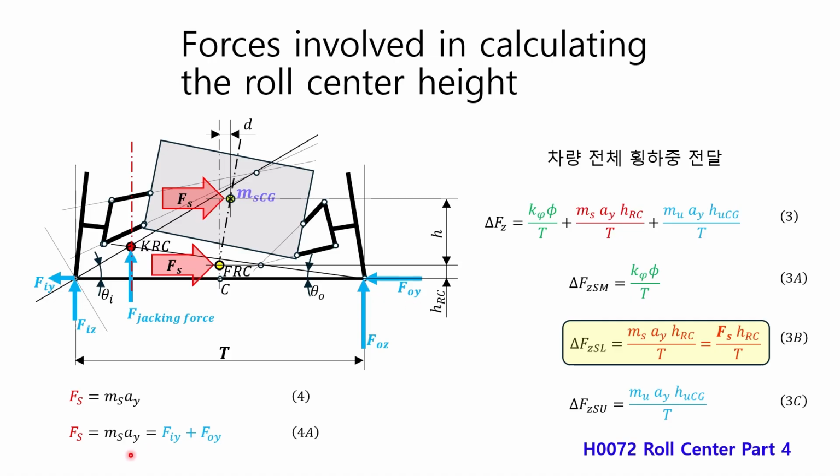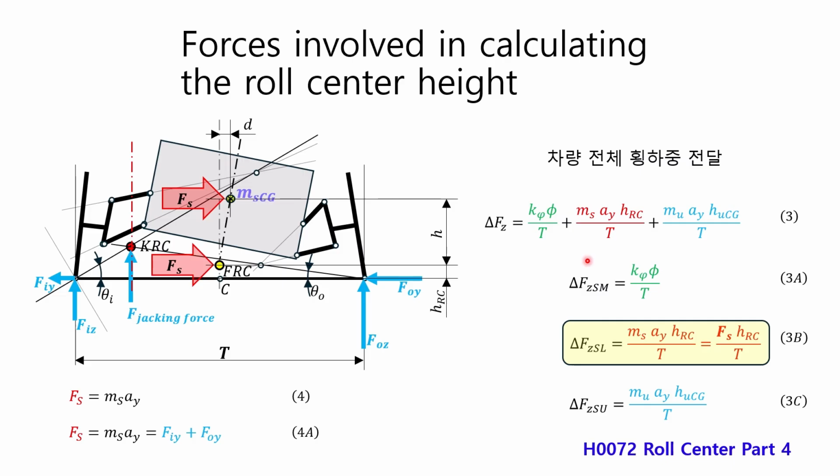The moment caused by the lateral force Fs with respect to the force roll center can be divided into 2. First, there is the moment caused by the moment arm h of the lateral force Fs, and the moment caused by the horizontal displacement d of the sprung center of gravity MSCG. These two are both moments about the force roll center.